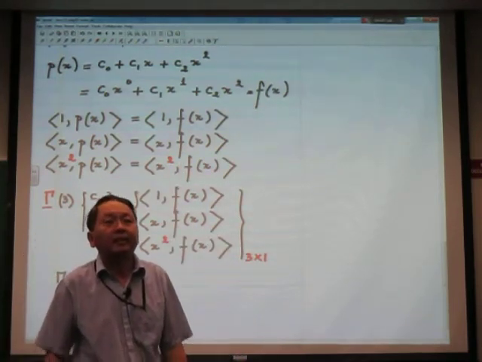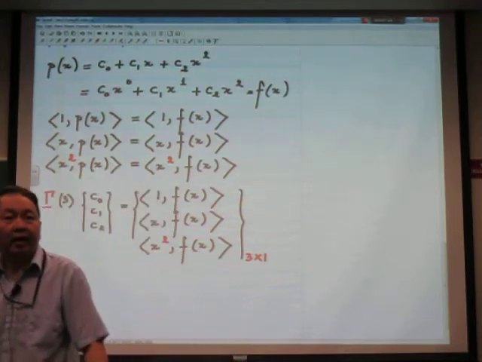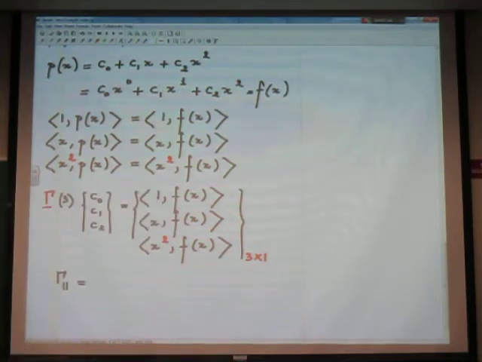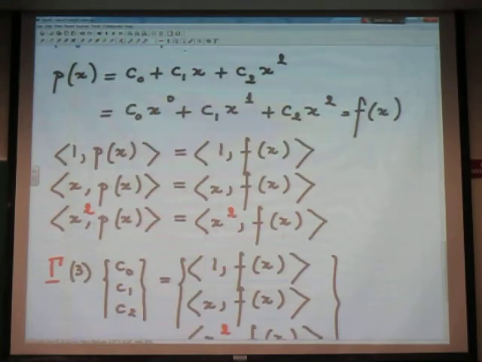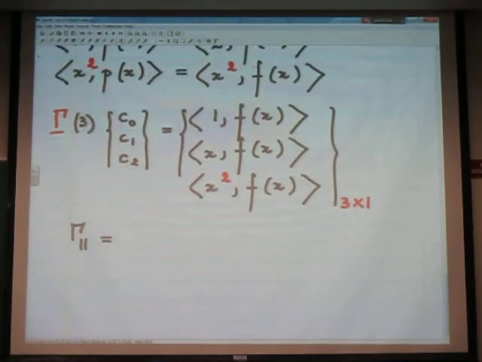KZ? It would be the integral from -2 to 4 of 1 times f of x dx. Yeah, so like KZ said, that should be the integral from x equal to -2 to x equal to +4 of 1 times 1, because that should be x to the power 0, dx.